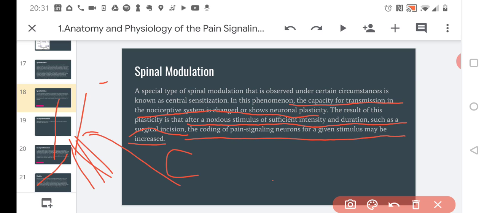And this may lead to some problems. Of course, there are some ways to reduce these problems, but still, this type of spinal modulation, called central sensitization, is one of the reasons for fibromyalgia, which we'll talk about a bit later.